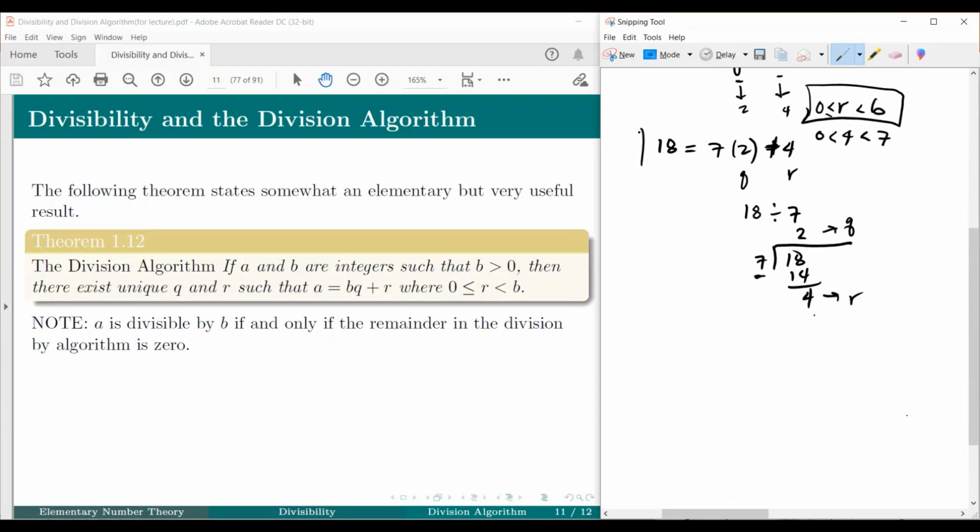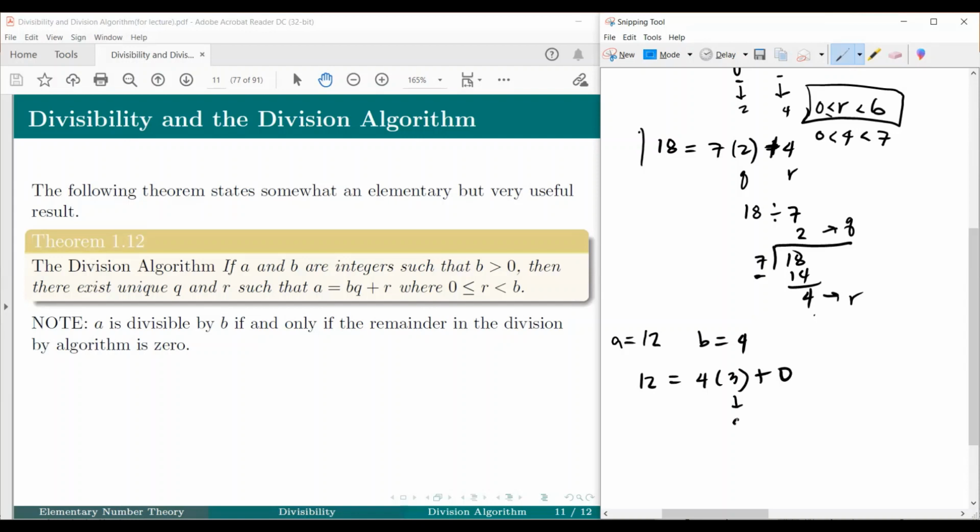So for example, if A is 12 and B is 4, we can write 12 equals 4 times 3 plus 0.